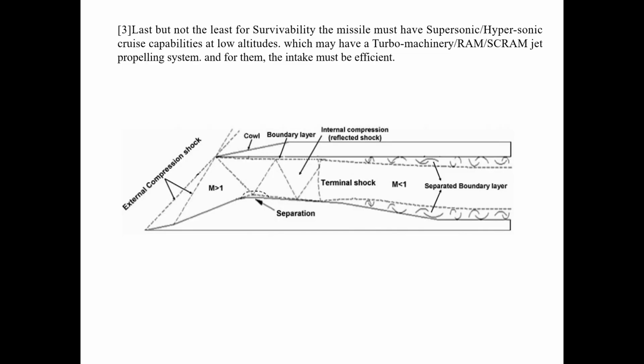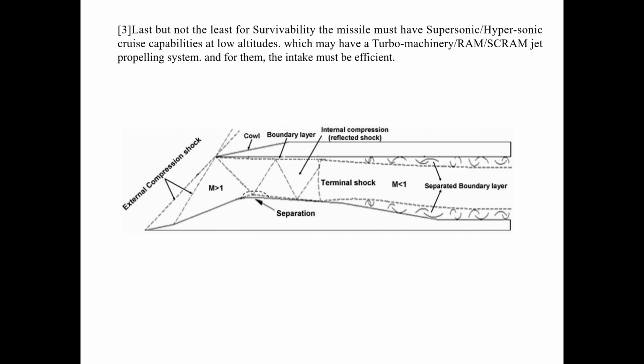Last but not least, as I told, for survivability we have to increase the velocity of the system at low altitude. The most efficient way to do that is by using a hypersonic or a supersonic system.